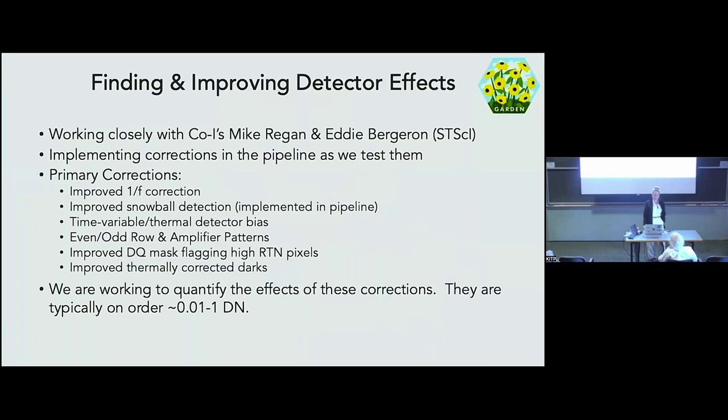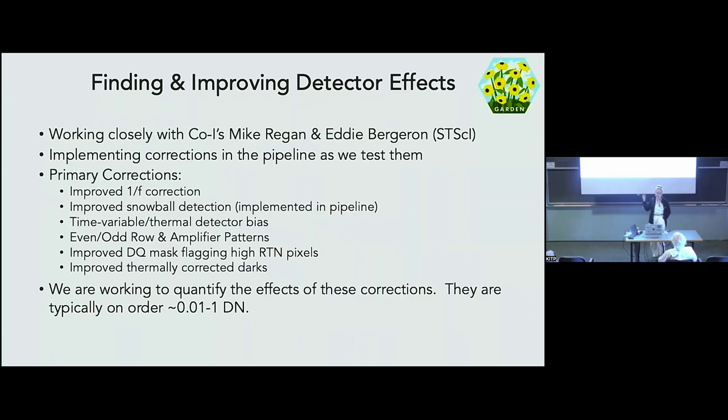So we're also working hard to find and improve detector effects. Because we're going so deep, we wanted that continuum. When you start, please look at your rate files, and you start seeing a lot of stuff. As you get further improvements in the pipeline, anything we fix, we put in the pipeline, we test it. You'll see improved 1/f corrections. This is work by Mike Reagan and Eddie Bergeron at STScI, both co-Is on this program.